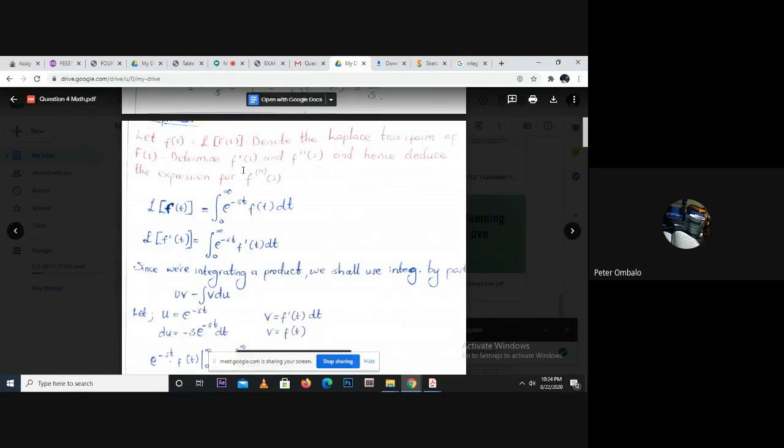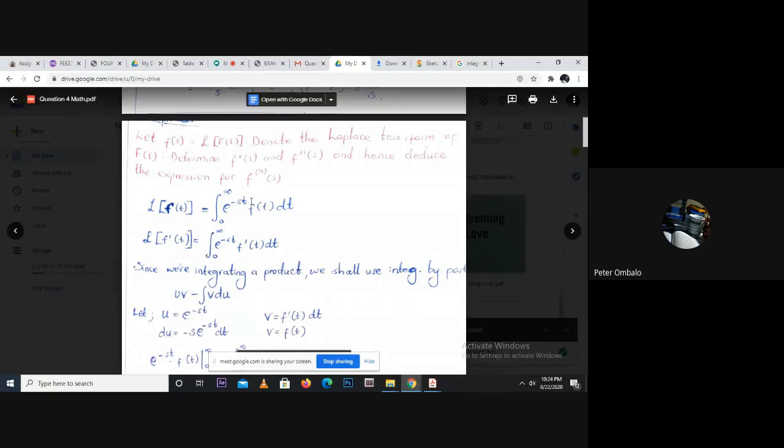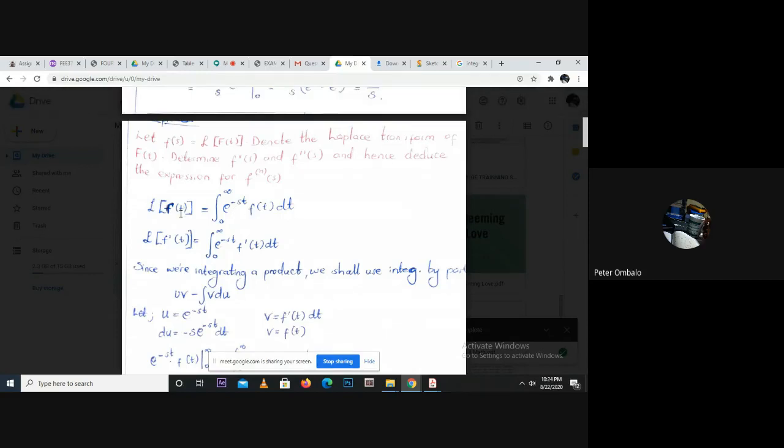So we want to determine the Laplace transform of the first derivative of a function, and the Laplace transform of the second derivative of a function. So we'll just do the same thing again, but this time round with f prime and f double prime. So to denote the Laplace transform of f of t, this is its formula, f of t.